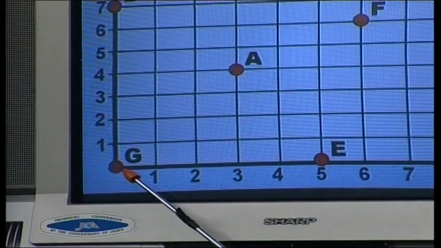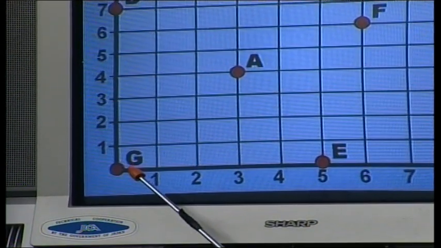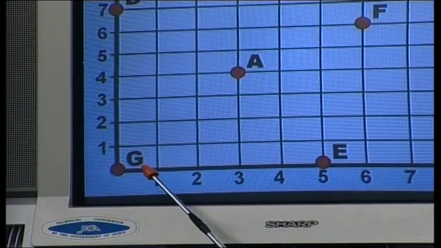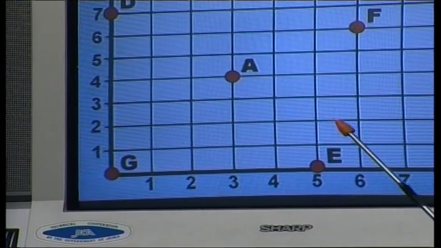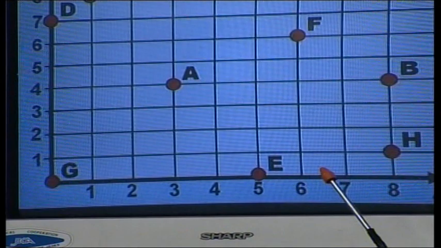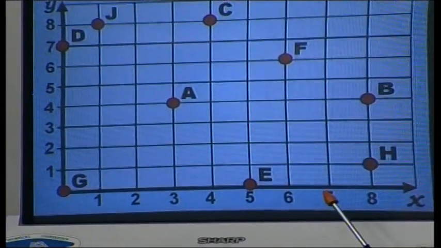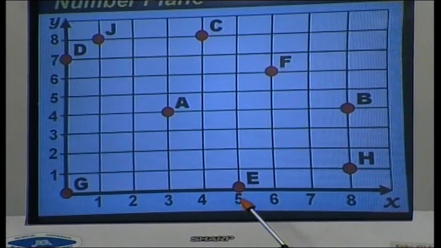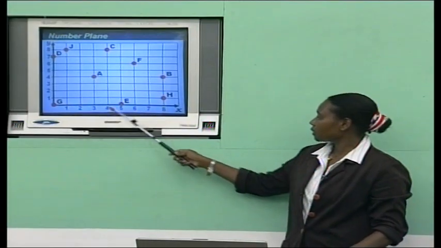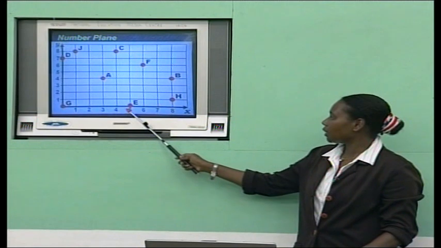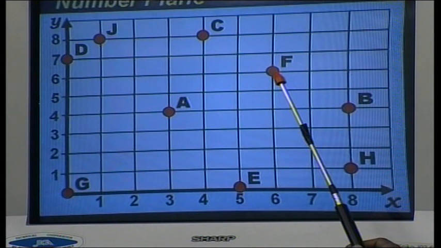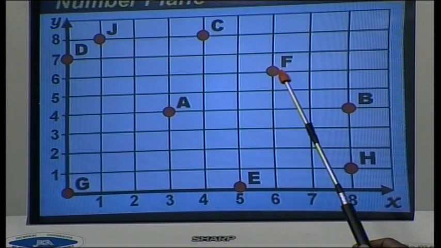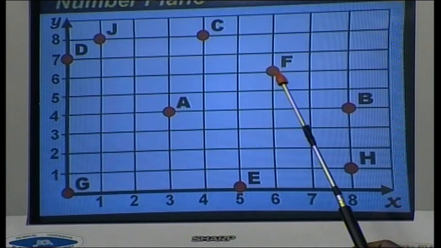So the letter that is supposed to be shown from this number line is letter G. Then we have the coordinates 6 units along the x-axis and 6 units up the y-axis. As you can see from the PowerPoint, we can see letter F is plotted along those coordinates.